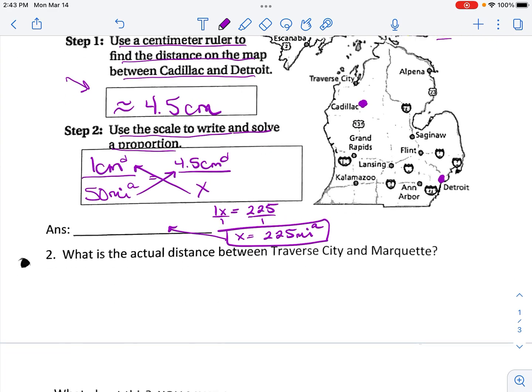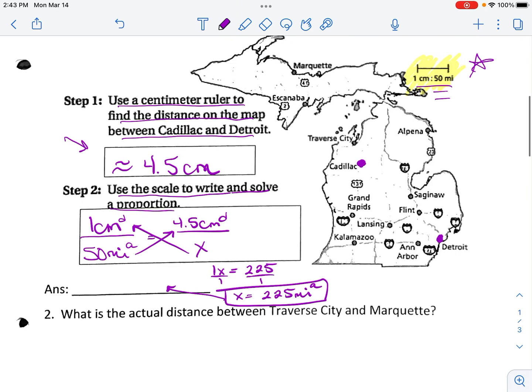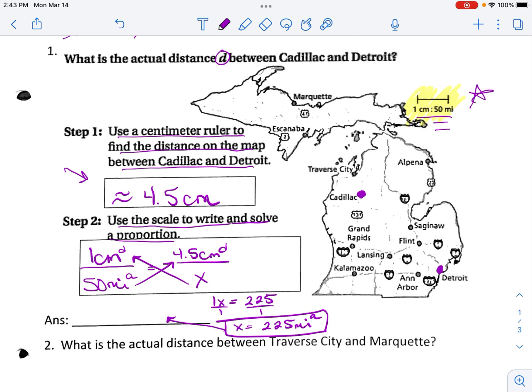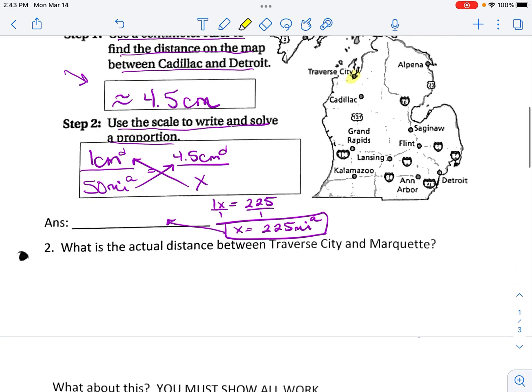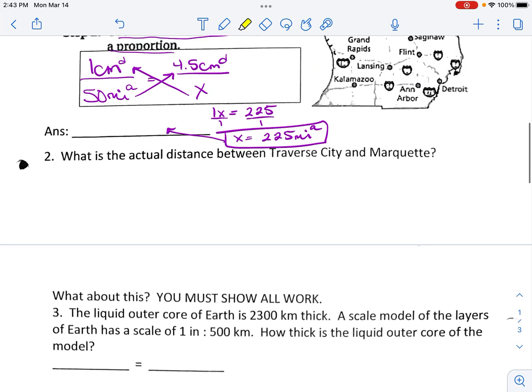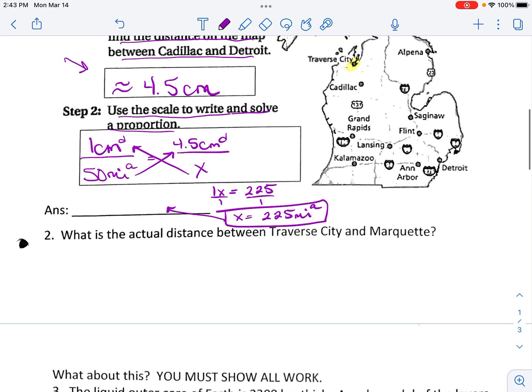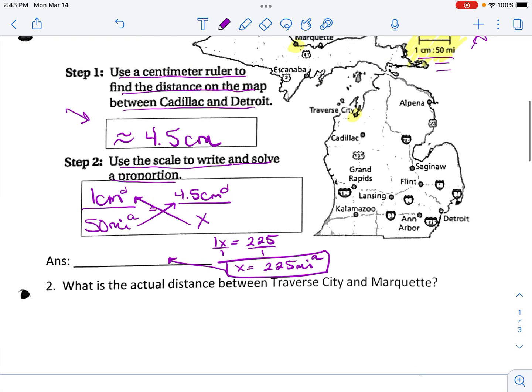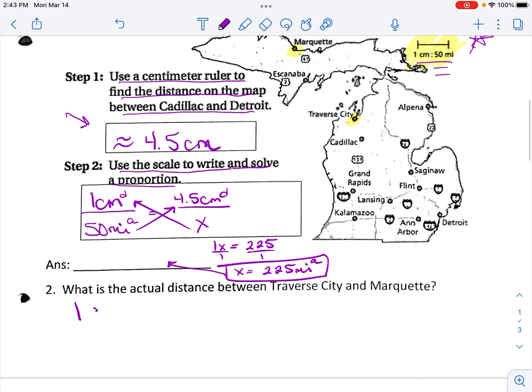Number 2 says, what is the actual distance between Traverse City and Marquette? So, Traverse City's here. Marquette is up here. When we measured in class, it was 4 centimeters. On the map, we're going to use the same scale. 1 centimeter in the drawing is 50 miles in actual distance.